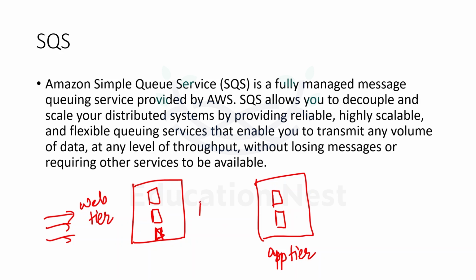So that's why we want something in between, which is our queuing service, and that queuing service is SQS. It will help you put all the messages into the queuing service. The messages would be put here and the application tier would be reading the messages from the queue.